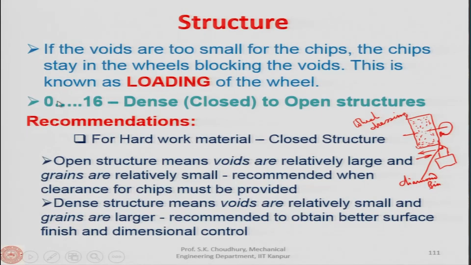In comparison to 0, 16 is the most open structure. That means if the structure is designated by 16, the voids are very big, and there is probably no possibility of chips getting clogged there when the chips are small in grinding.